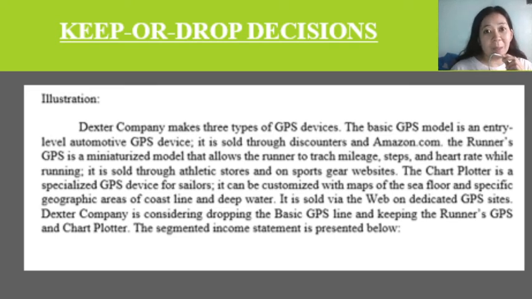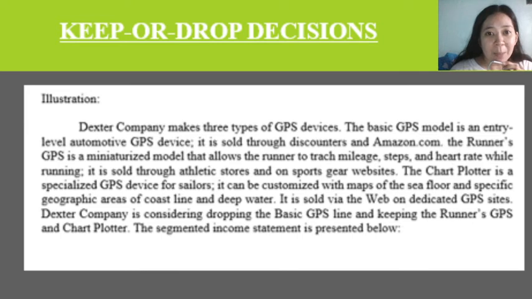So we have the basic GPS model. This is an entry-level GPS device. So it is sold through discounters and Amazon.com. The second is the runner's GPS. This is a miniaturized model that will allow the runner to track mileage, steps, and heart rate while running. So it is sold through athletic stores and on sports gear websites.